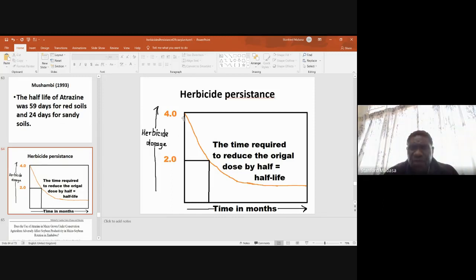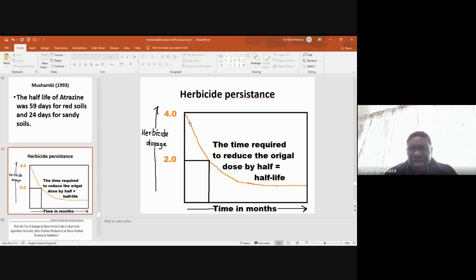If we apply 4 liters per hectare of the herbicide, with time this dosage will fall due to herbicide degradation. It will fall up to a certain level.